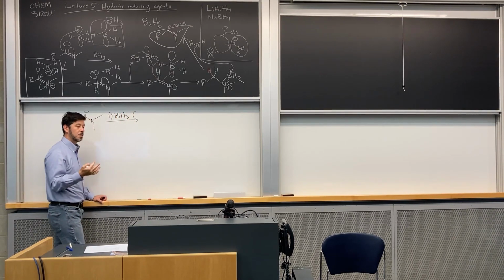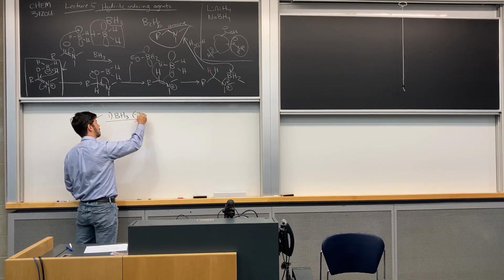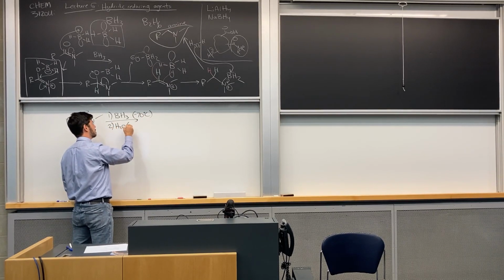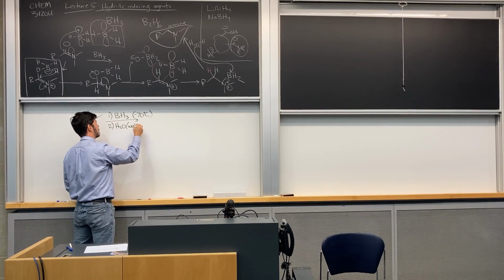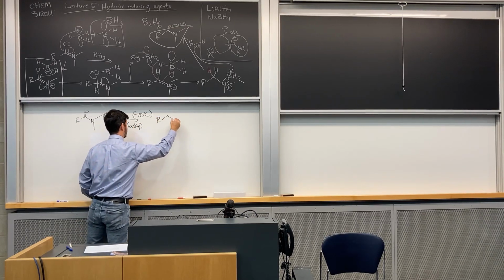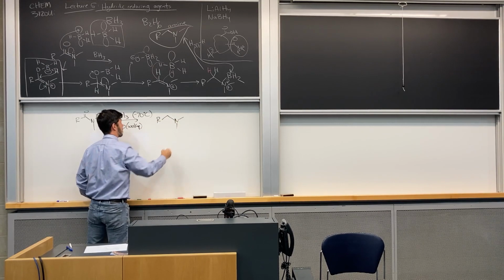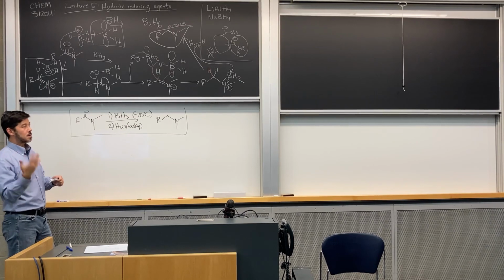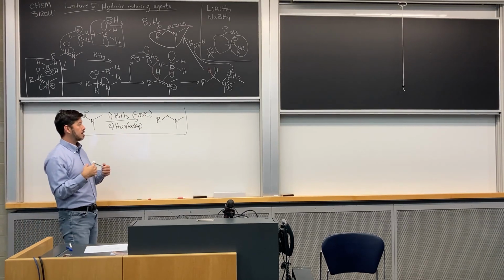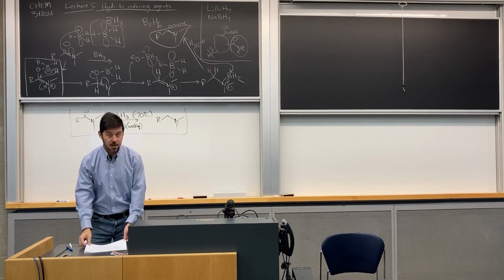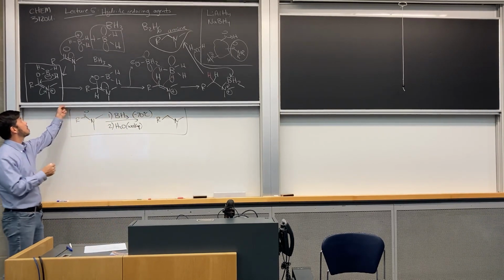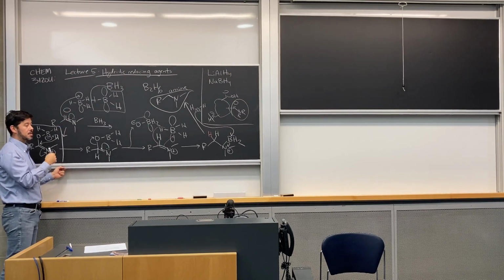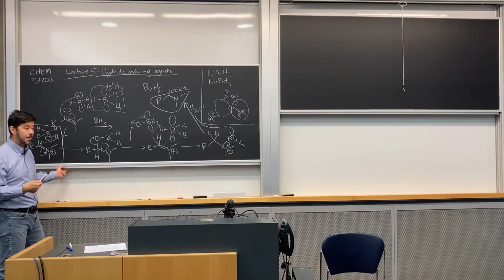Typically we do this at low temperatures, something like -70, and then we do a water workup to give us our desired amine. Okay, so that is what we call borane reduction of amides. It's not going to touch aldehydes. The key governing feature is electron donation from this amide into the BH3. So you need electron-rich substrates in order for this to happen.